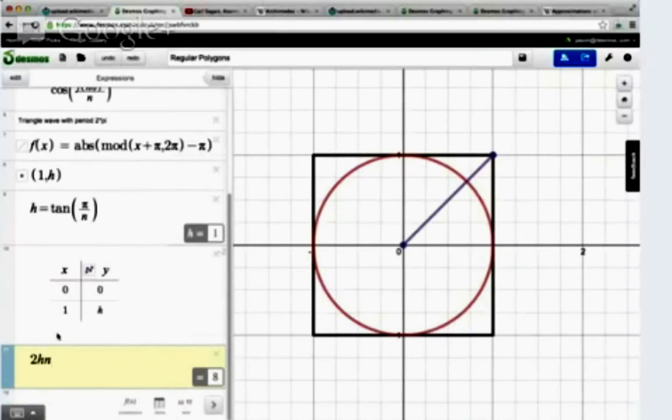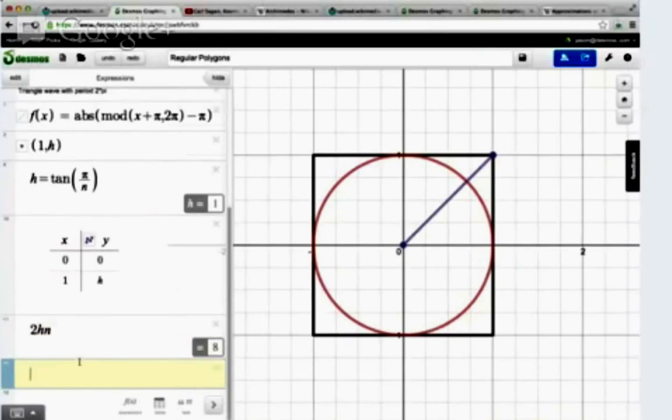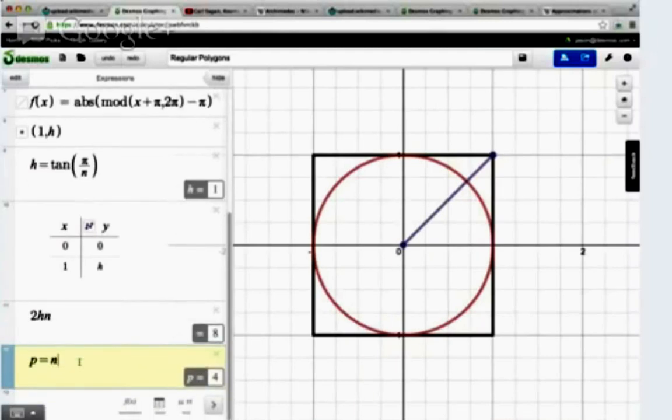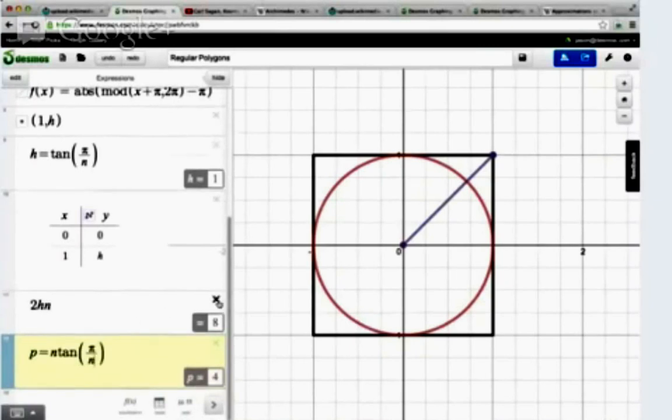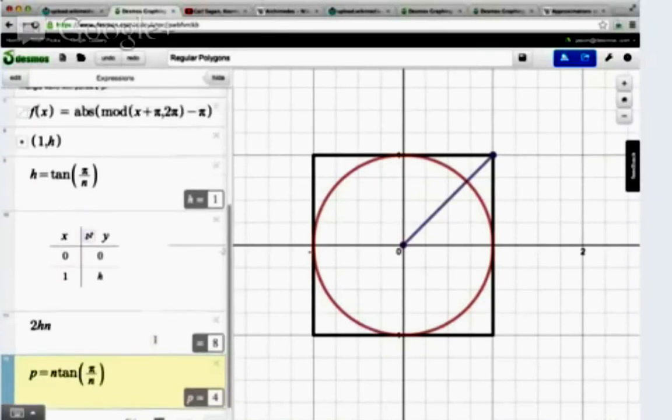So the perimeter of a square is 8, and our approximation for pi is half the perimeter divided by the radius. The radius is 1. So we can say that p, our approximation for pi, is equal to n times h, or n tan of pi over n. Okay, so now we have an approximate value for pi.